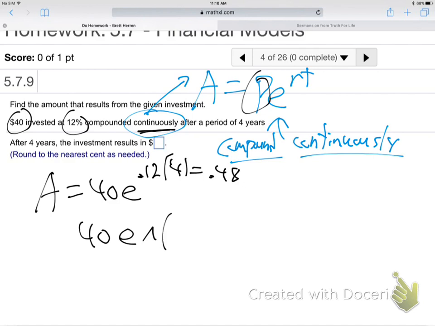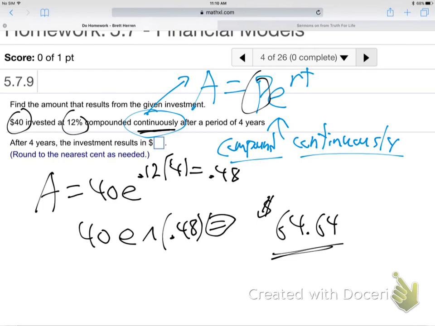You have an E button, 0.48, equals. I'm getting 64.64. $64.64. So $40 will become $64.64.